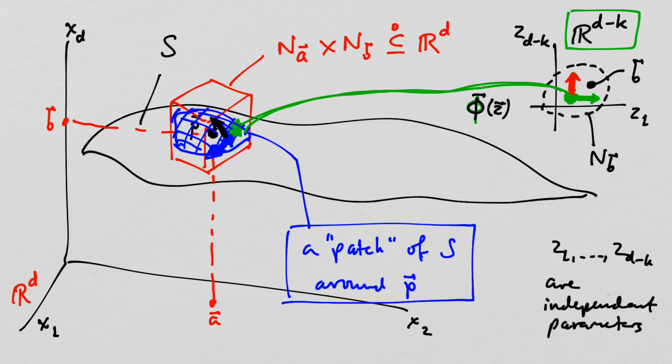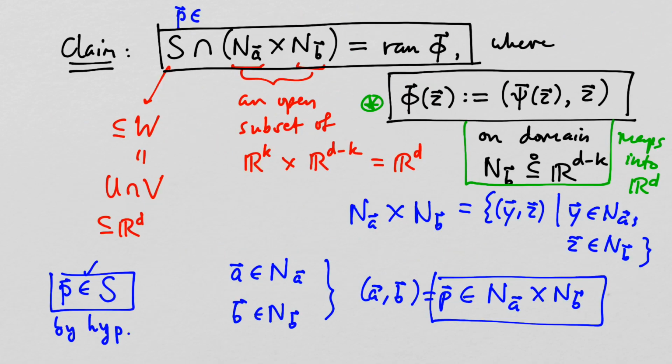And here's the thing: not only does it move around on that blue patch, but it completely covers that blue patch. That's really what the claim is saying. The blue patch is exactly this set, the intersection of the constraint set S with that neighborhood. That's the blue patch in my picture.